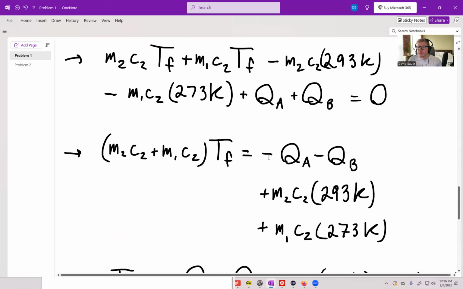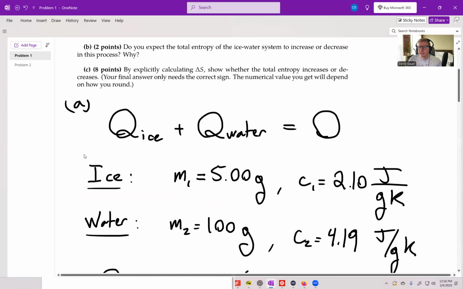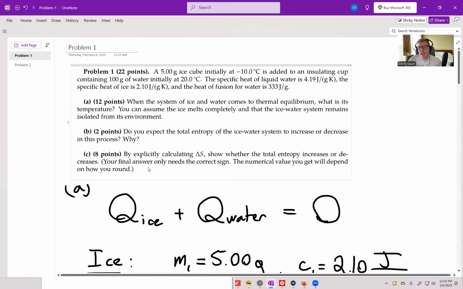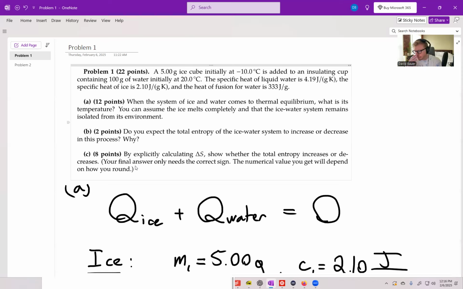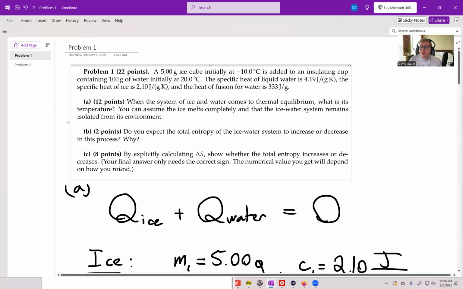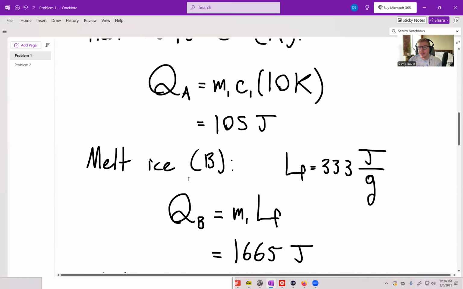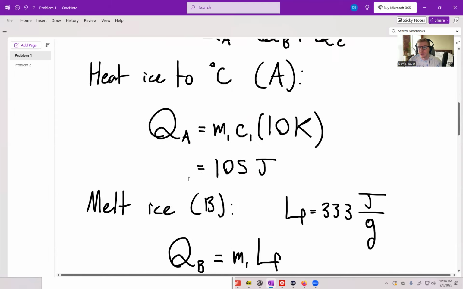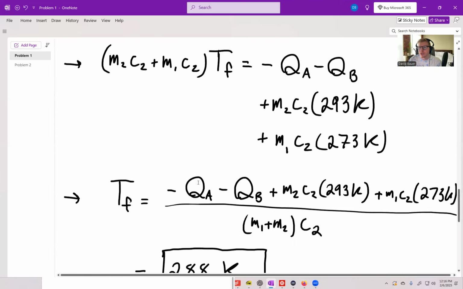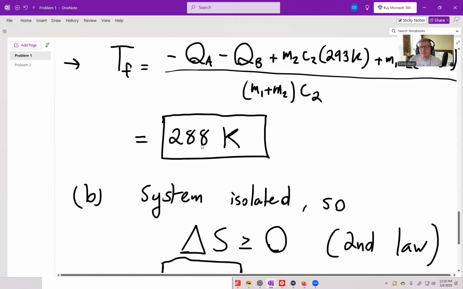Okay, then part C is asking us, now let's actually calculate what the entropy change is, and we want to show that it agrees with the answer we got in B, right? We want to show that the entropy increases. When I was preparing this problem, I found that I was getting different answers depending on how I plugged in or rounded my final temperature.